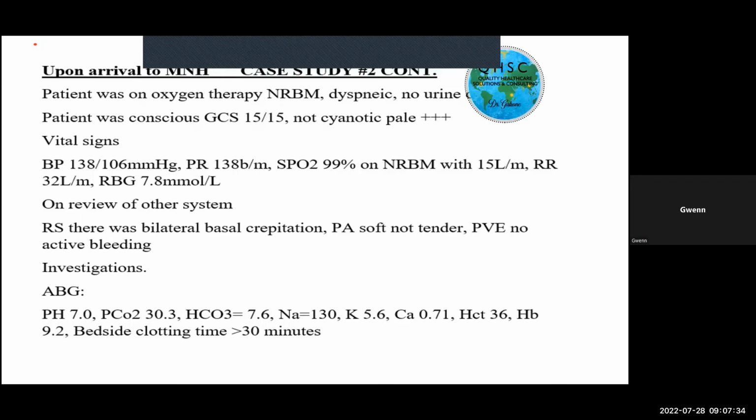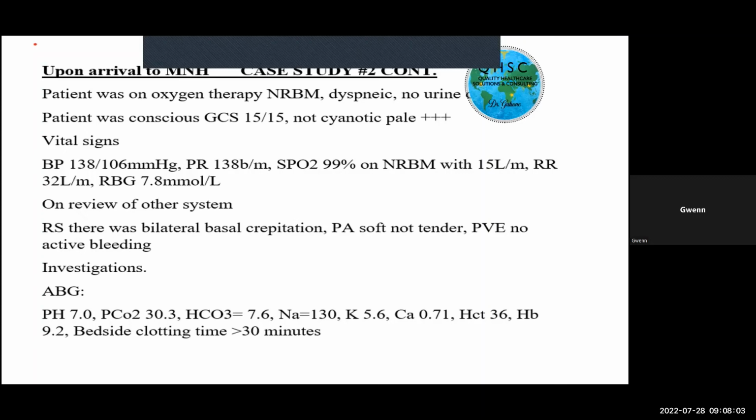Patient was conscious, on a non-rebreather, dyspneic, no urine. She was conscious, not pale or cyanotic. I think it's just clotting factors that she needs at this point, because she's alert. She has a Glasgow of 15. She's not cyanotic.